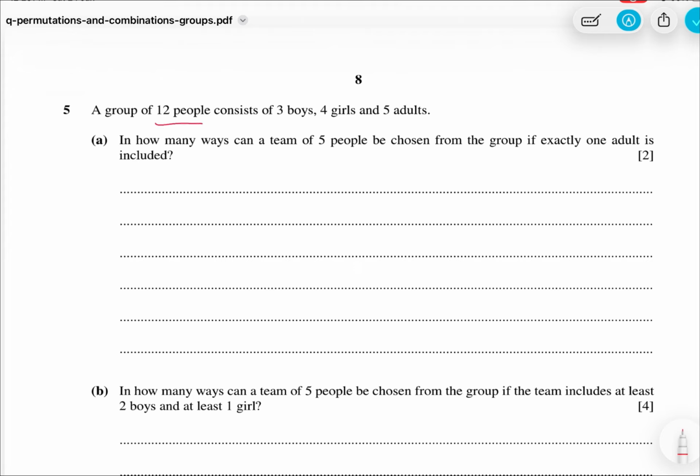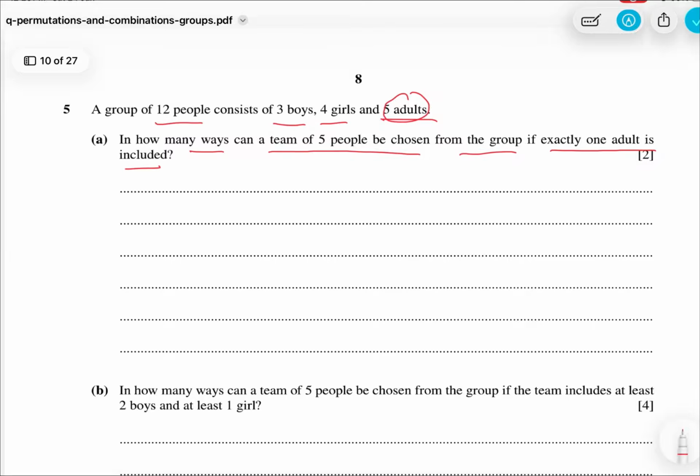A group of 12 people consists of 3 boys, 4 girls, and 5 adults. In how many ways can a team of 5 people be chosen from the group if exactly one adult is included? Exactly one adult. Okay, so one adult.